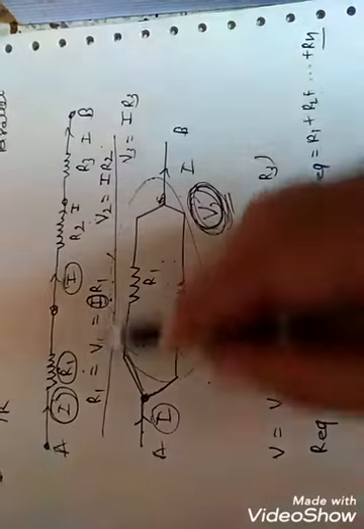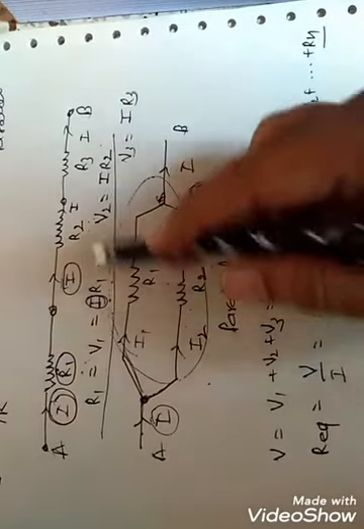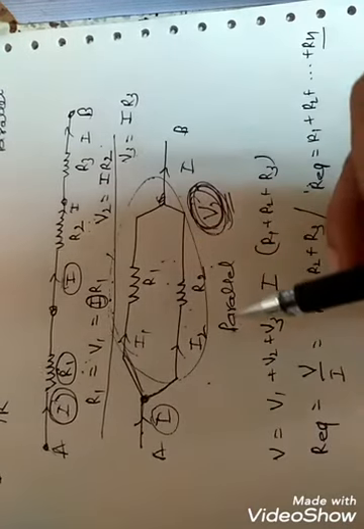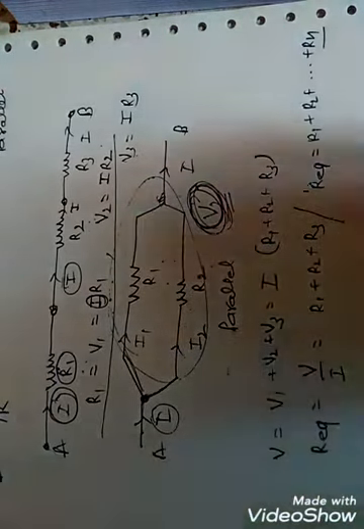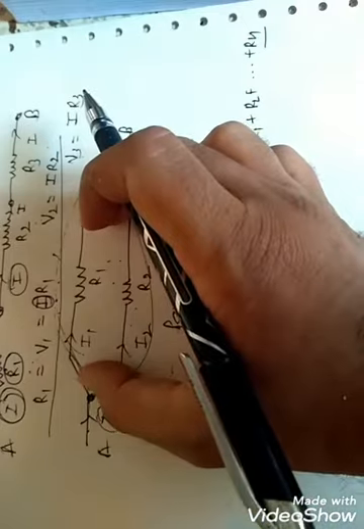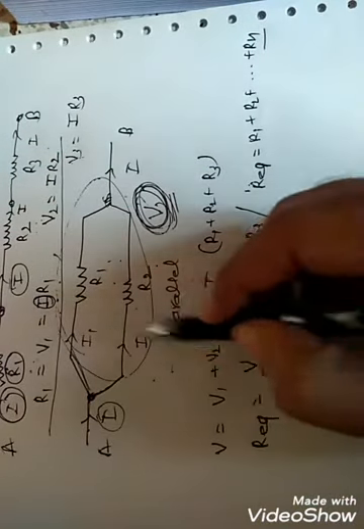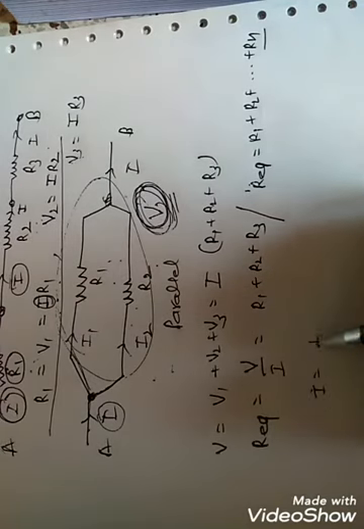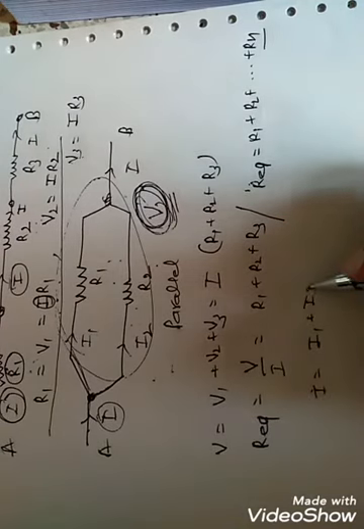For a series connection, I is constant and the potential differences V1, V2, V3 differ. Here the potential difference is the same but the current changes, I1 and I2. So the total current is I1 plus I2.